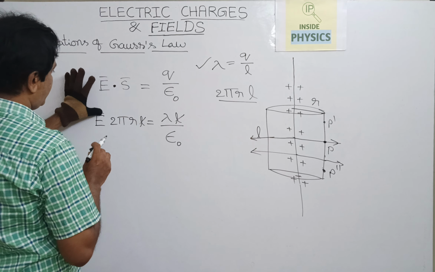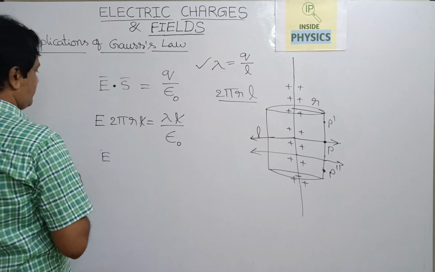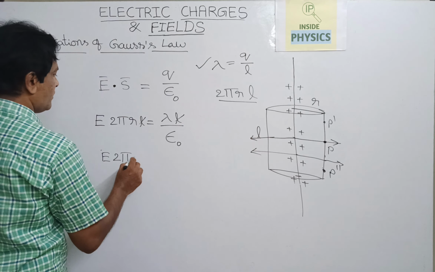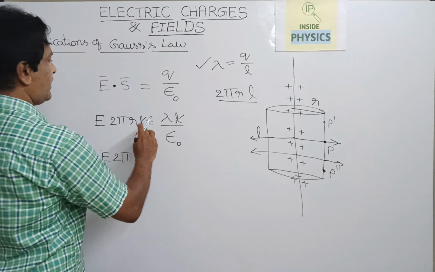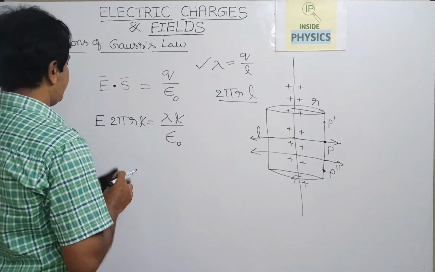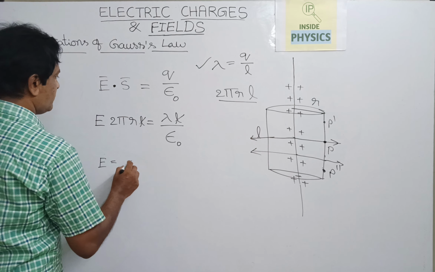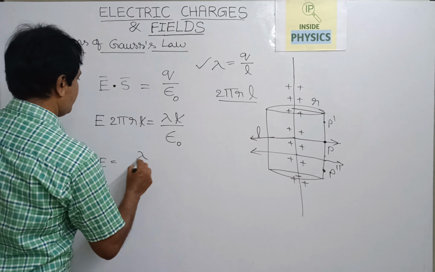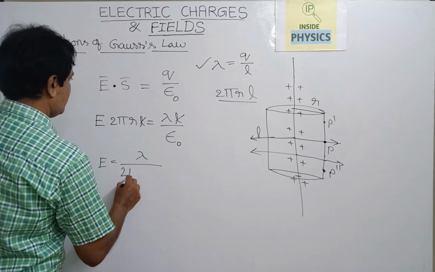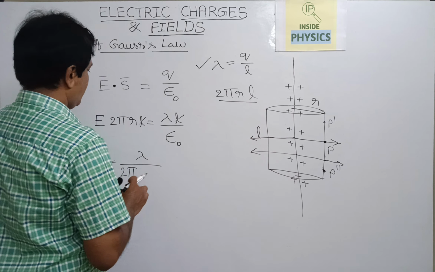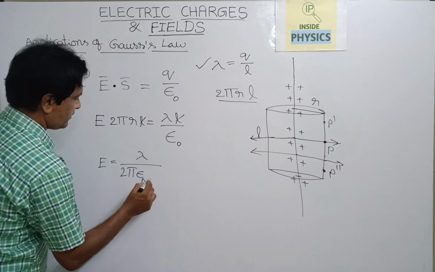Here we have not taken any vector in the vector form. 2 pi r L gets cancelled, so we can directly write the electric field is equal to lambda by 2 pi epsilon naught r.